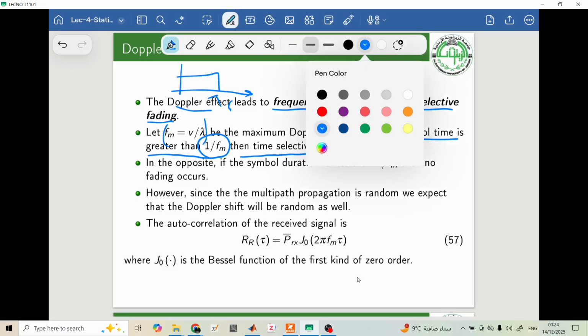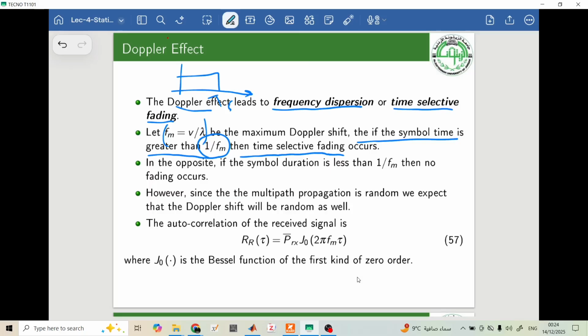Now if t sub s is greater than 1 over fm, meaning that it is likely that a time fade will hit this symbol.